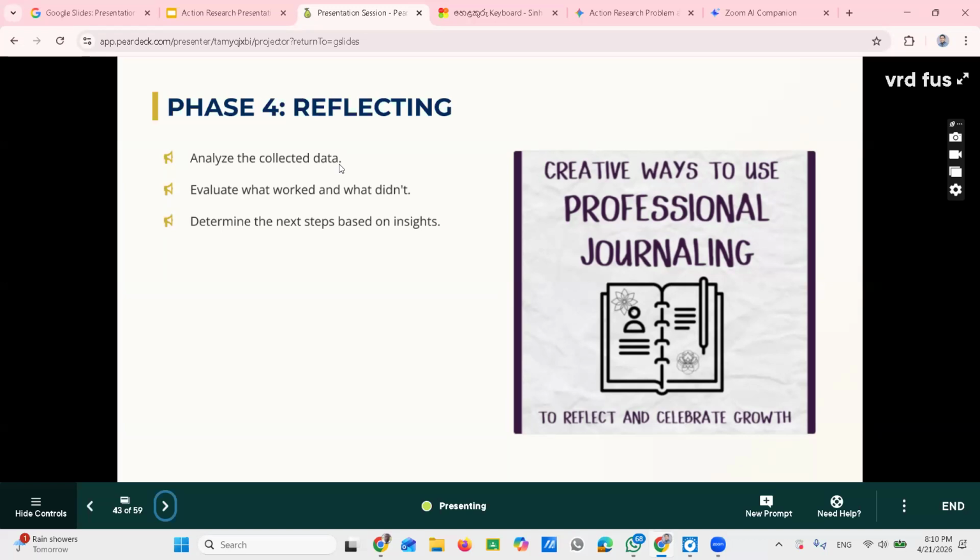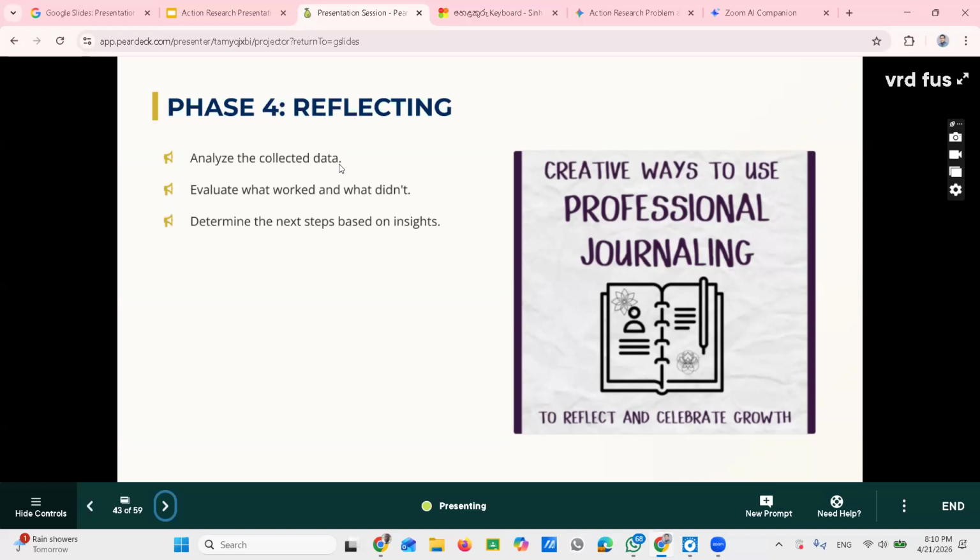Third, determine the next step based on the insight. Based on the data analysis, you decide whether you want to do another step or not. If, once you give a paragraph to the students, they are able to completely, 100%, understand the paragraph, then it's okay and you can stop the research.